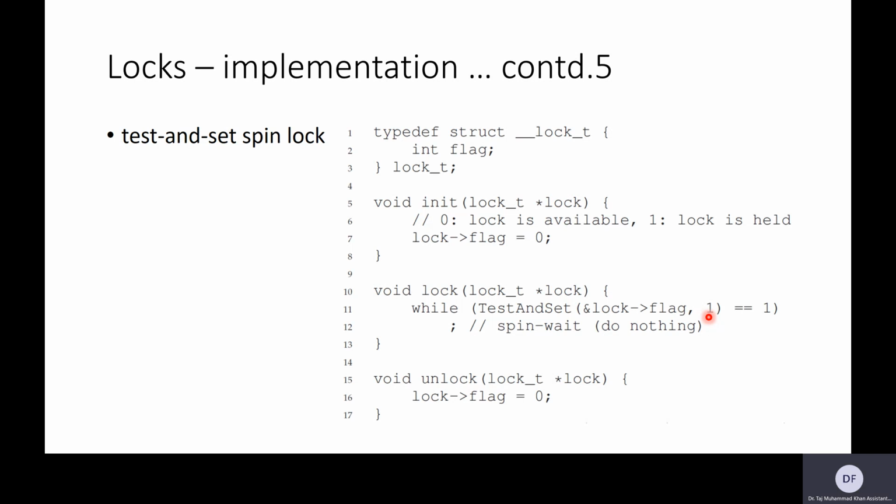So whoever gets access to RAM first will write 1 in the flag instead of 0 and will be able to acquire the lock, and whoever gets access to RAM second will see that flag is 1 because its test and set will return 1 as old value, because the first thread wrote 1 when its test and set was executed. Okay. So since test and set is atomic, it will complete first for only one of the processors, and the second processor would not be able to acquire the lock and it would spin.